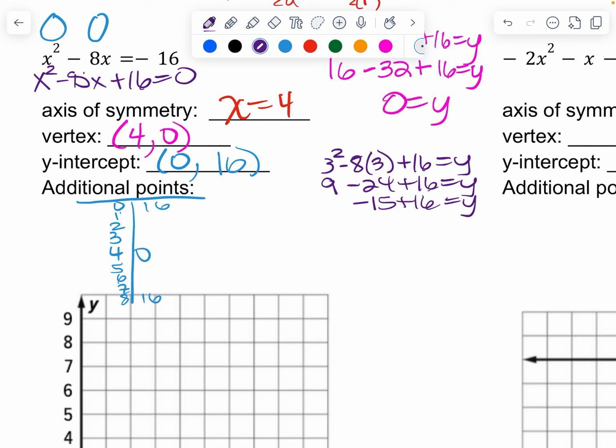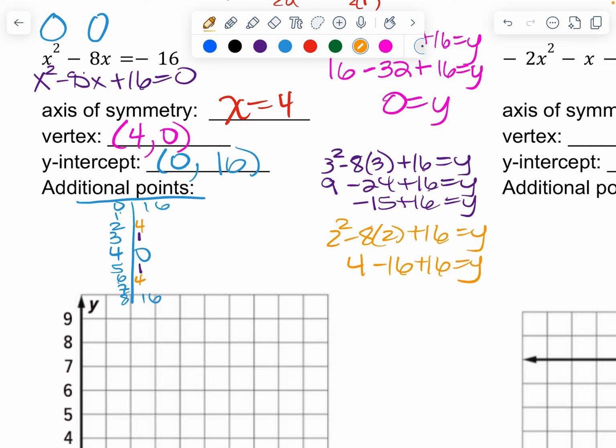So that's 1. So that was 3. So now I'm going to plug in 2. So 2 squared minus 8 times 2 plus 16 equals y. So 4 minus 16 plus 16. So that'll be 4.